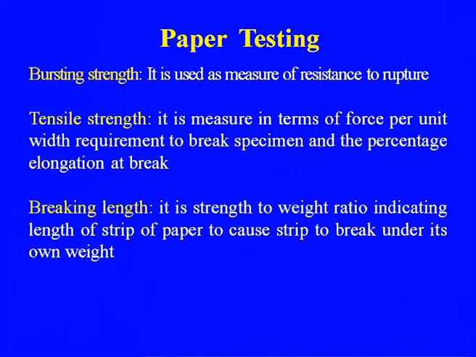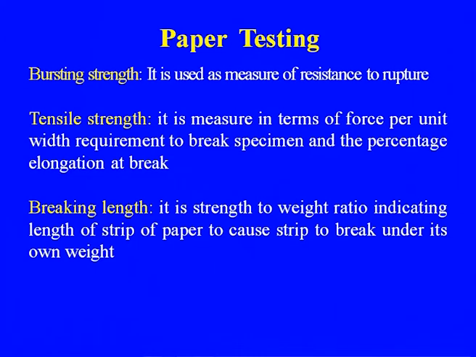Bursting strength is used to measure the resistance to rupture. Tensile strength is measured in terms of the force per unit width required to break the specimen, and percentage elongation at the break. We have different machines for measuring different properties.